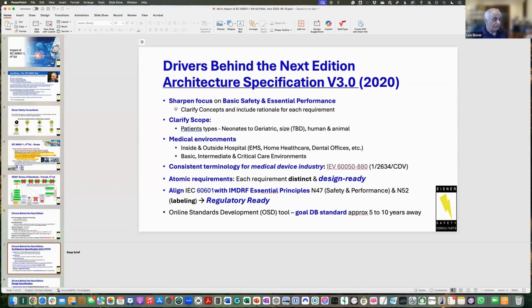So they give us guidance, and it's a massive document, a brilliantly written document for the whole series of standards, actually more than just the 601 series of standards, I believe. And Edwin probably could tell me that because he was probably involved in it, knowing him, to sharpen the focus on basic safety and essential performance, which is the core concept of 60601.